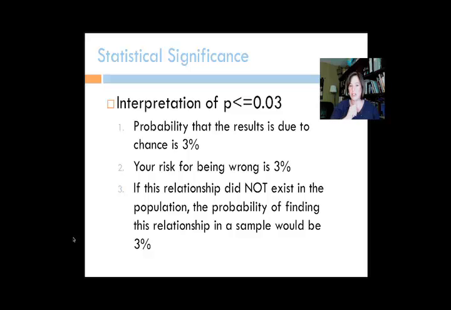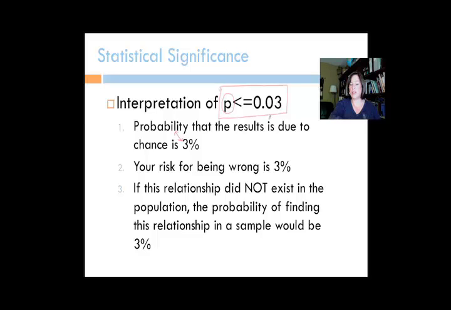These are the different interpretations of p less than or equal to 0.03. P stands for probability. And the way that we can interpret this statement, basically, is this. It's the probability that the results are due to chance is 3%.